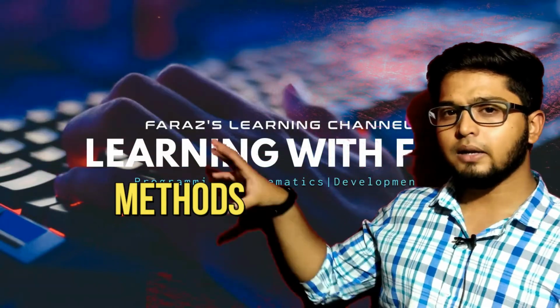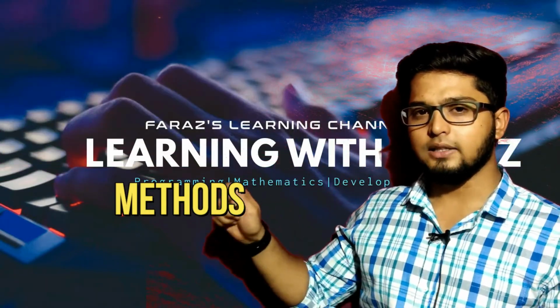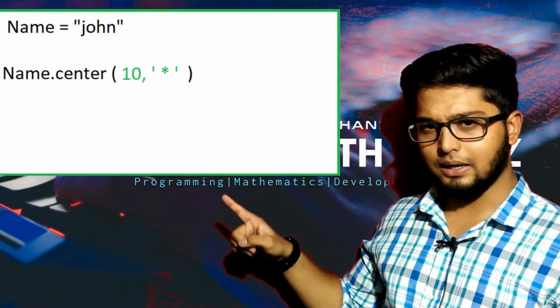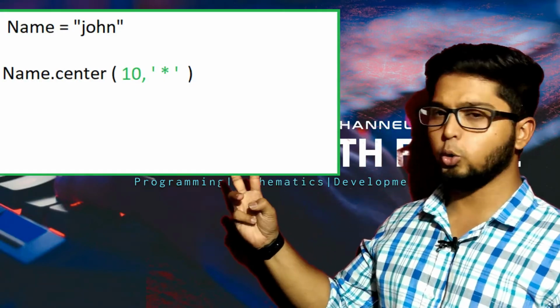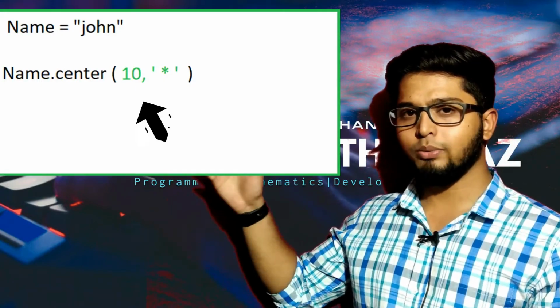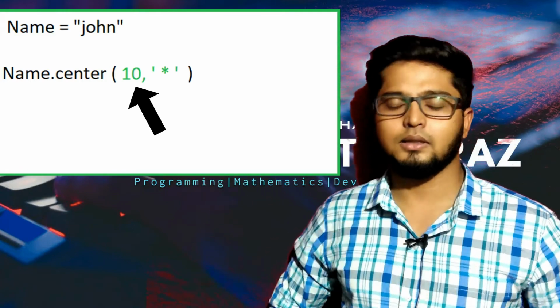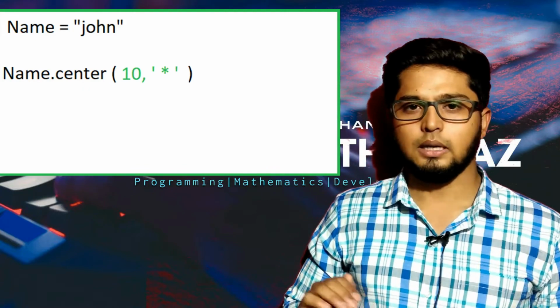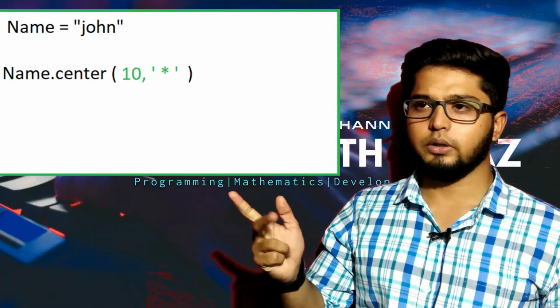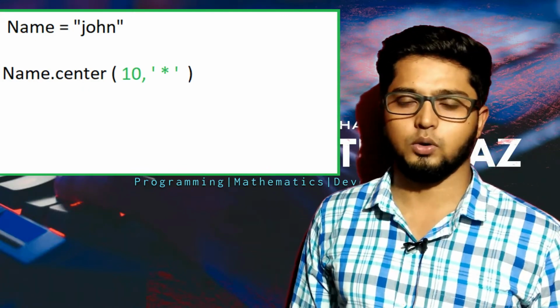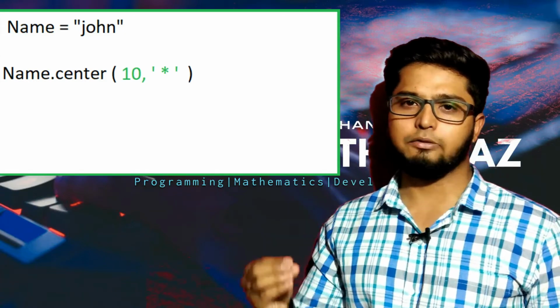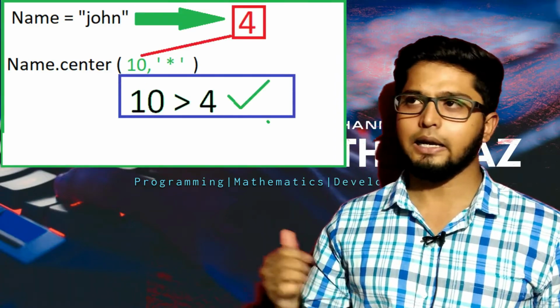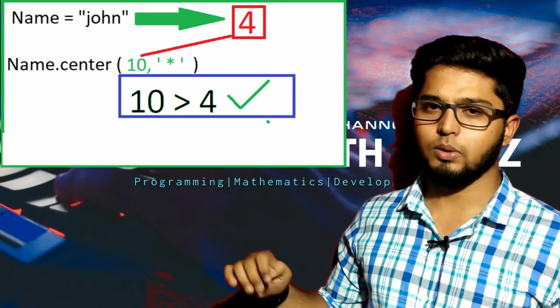For example, if I have John and I do s dot center, I have to take two parameters. The first one is a number. This number is the length of the resultant string you want. John has a length of 4, so you have to take a number greater than 4. I'll take 10 here, comma, and then any character.